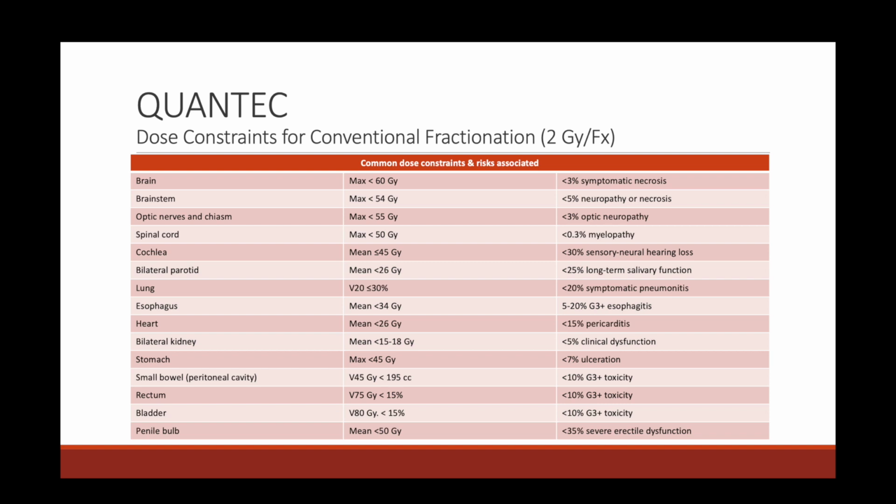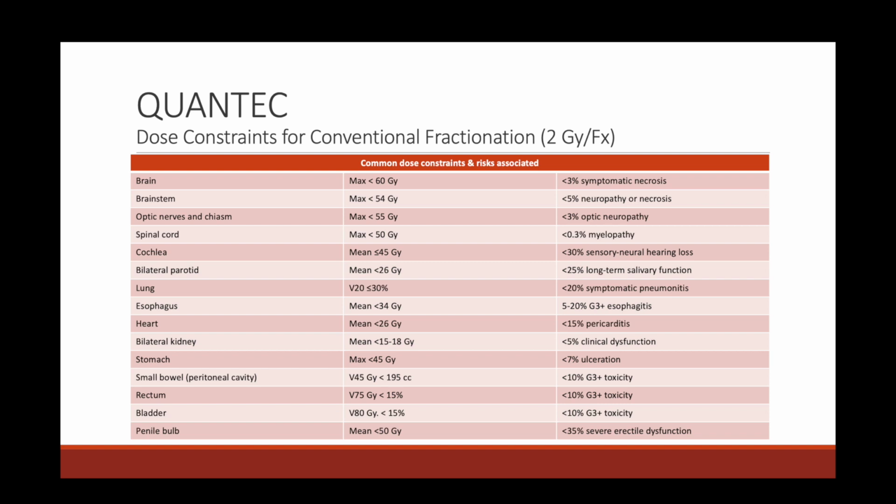We know that with radiation, there has to be some degree of acute side effects, and we try to, of course, limit those as much as possible, but we understand with head and neck cancer, for example, these early responding tissues like the skin, the mucosa that lines our oral cavities, that's going to have a reaction, and we try to get patients through it. But what we're really trying to limit is those late toxicities that are going to affect them for months to years down the road. And so that's what we're looking at.